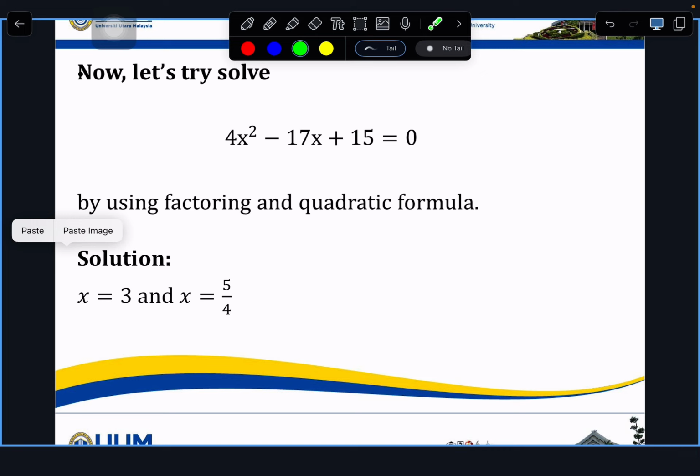That one is EQN. Formula? Try first, guys.